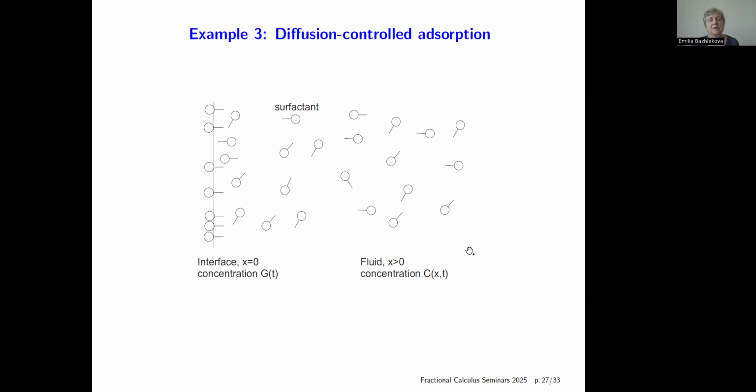For example, this can be water and molecules of soap. And an interface where usually a surfactant likes to go to the interface. So the concentration of surfactant in the fluid is denoted by C, and we are interested in the evolution of concentration of surfactant on the interface, denoted by G of t.